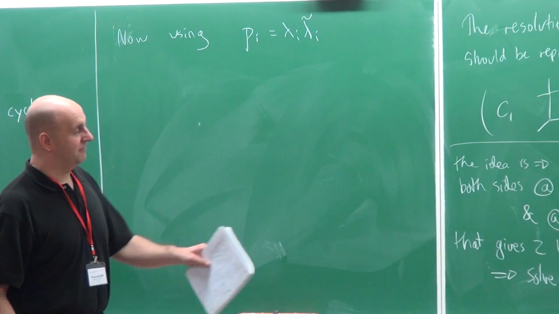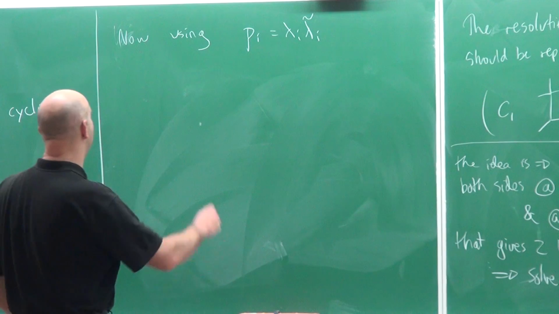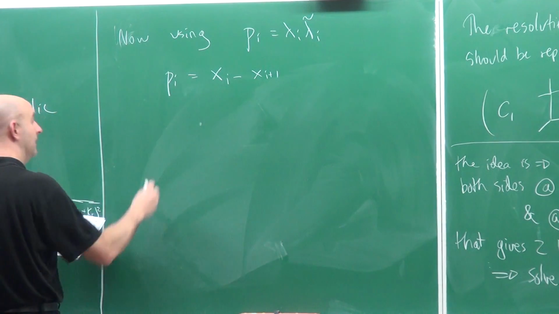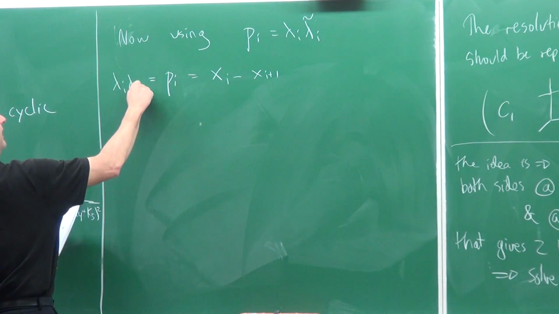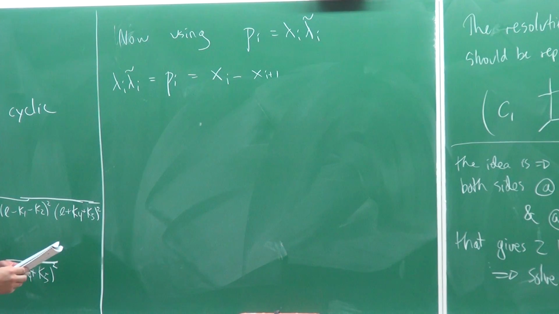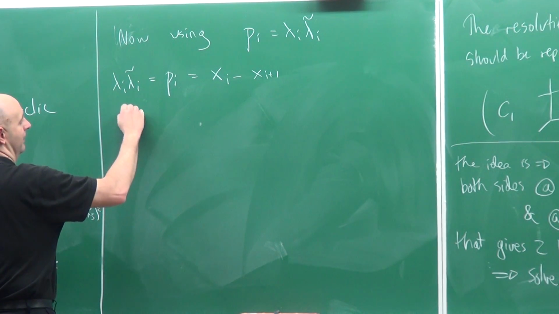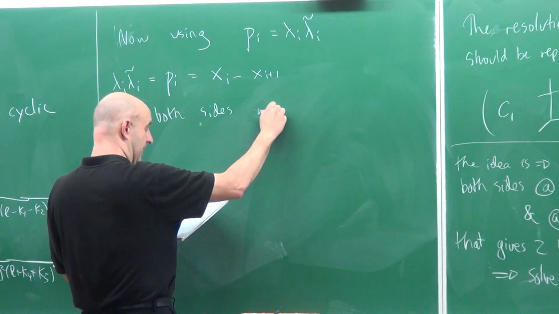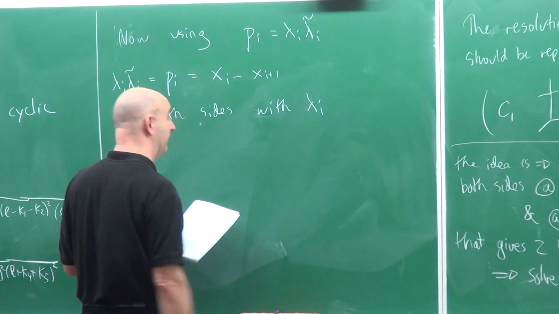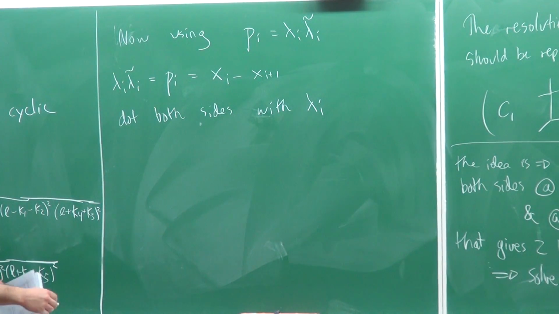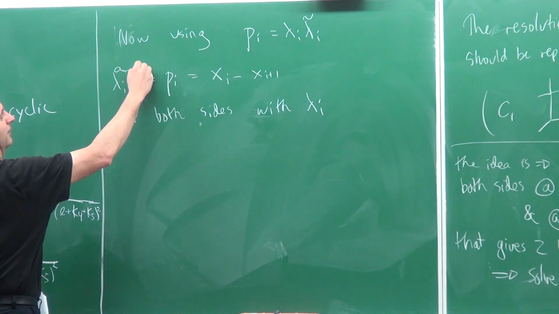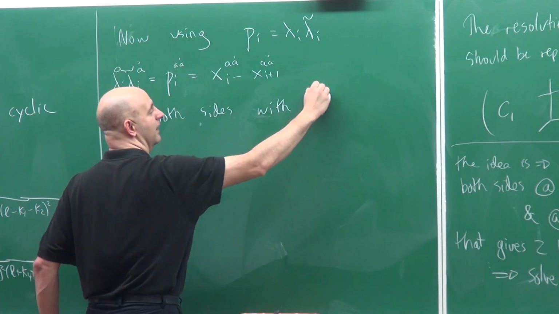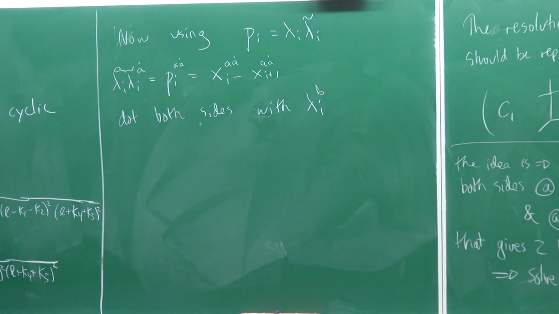So what we can do is take that equation there at the bottom, which defines p_i, and we can take the inner product of both sides with lambda_i. So if you allow me to put the indices back, remember that they contract with the epsilon tensor.